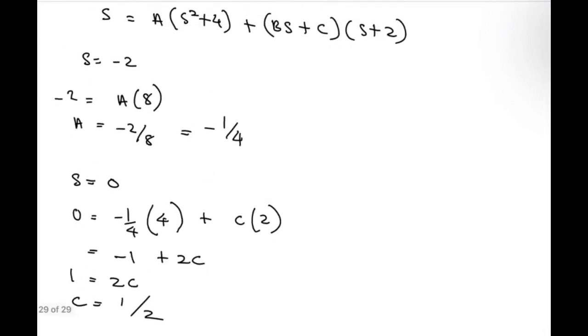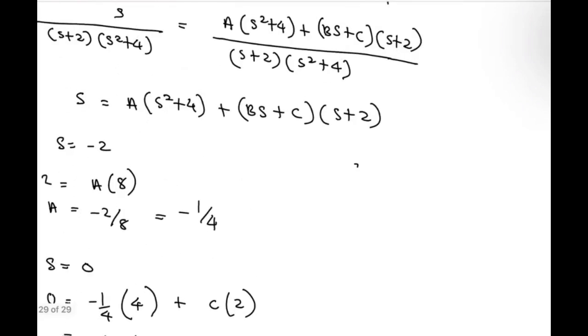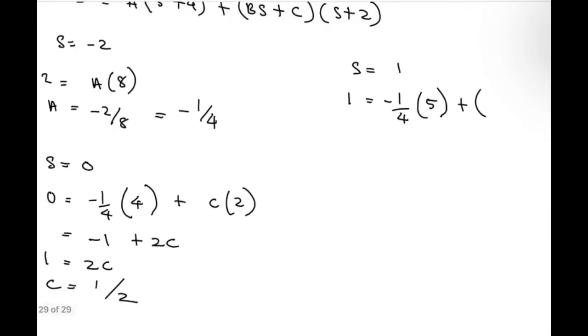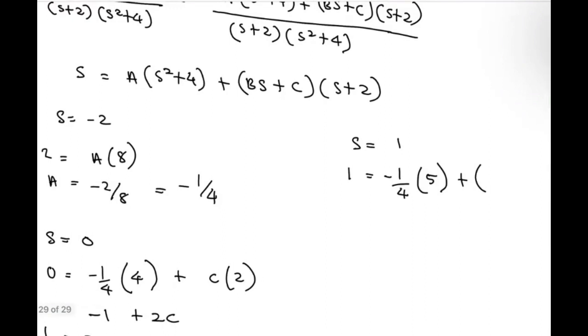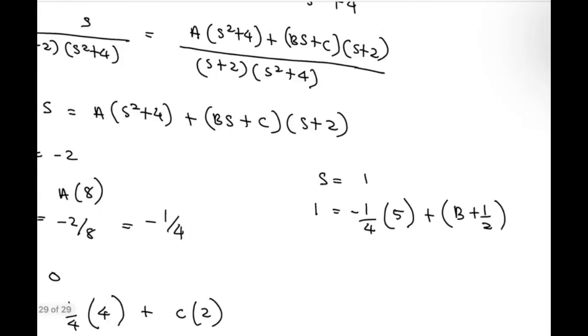Alright, now let's take s equal to 1. So here will be 1. A is minus 1 over 4, so minus 1 over 4 times 1 plus 4 equal to 5, plus B, we don't know B, so we have B times 1 is B. C is 1 over 2, so plus 1 over 2 multiply 1 plus 2 is 3, so multiply 3.